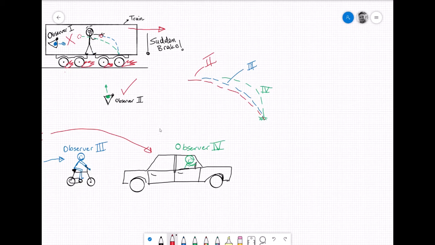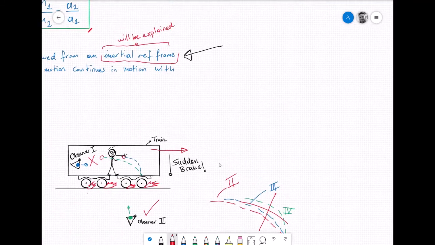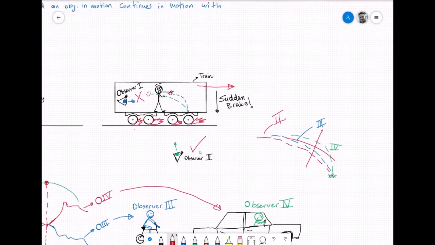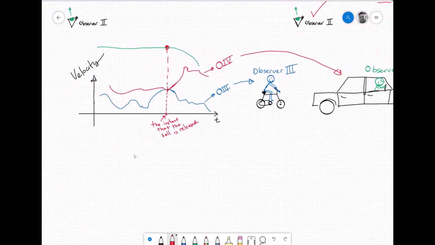So to eliminate this uncertainty, we need a reference frame, which is called an inertial reference frame, which has either a velocity of 0 or a constant velocity.